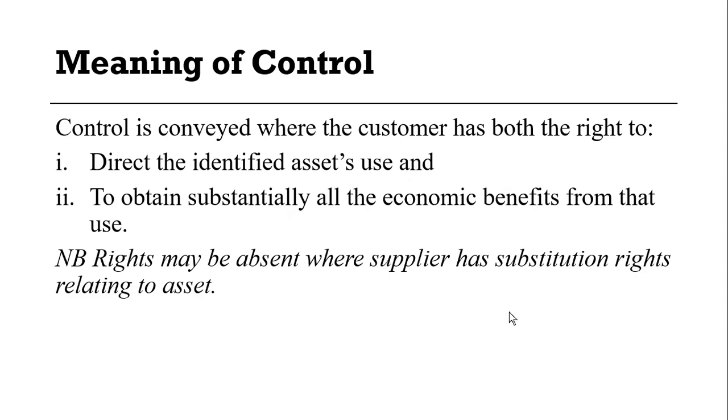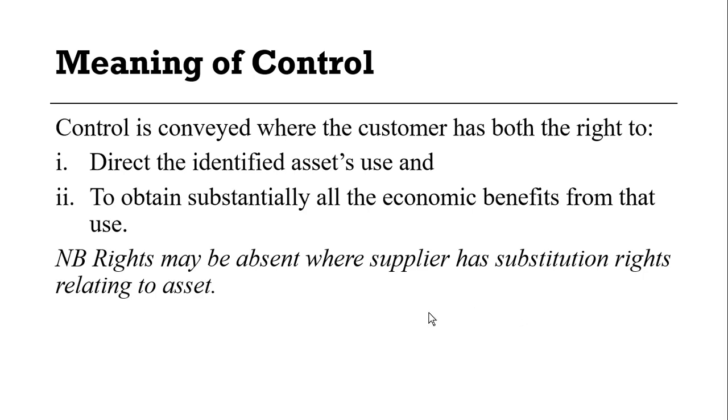So in this case, we need to remember the framework's definition of an asset. An asset is a resource controlled. Control is conveyed from the lessor to the lessee when the customer, who is the lessee, has both the right to direct the usage of the asset and to obtain substantially all the economic benefits from that asset.